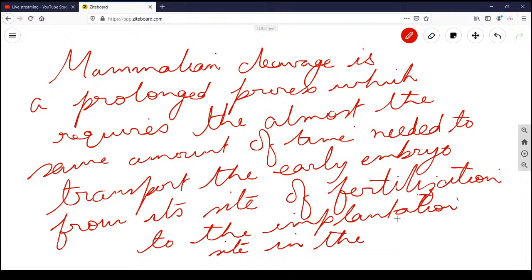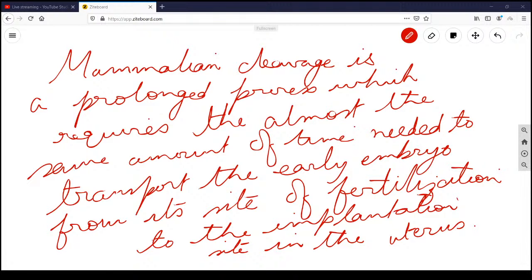Fertilization occurred in the oviduct, not in the uterus, and that too in the ampullary region of the oviduct, right? So the embryo will be carried from there to the uterus, and then implantation would eventually occur. This is the time also required for cleavage. It typically coincides with that.